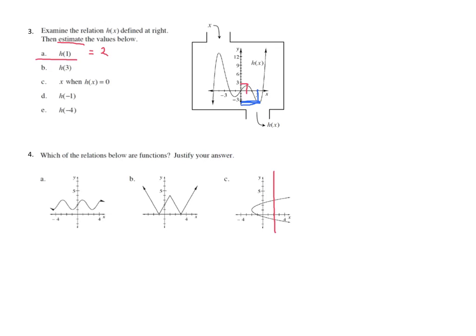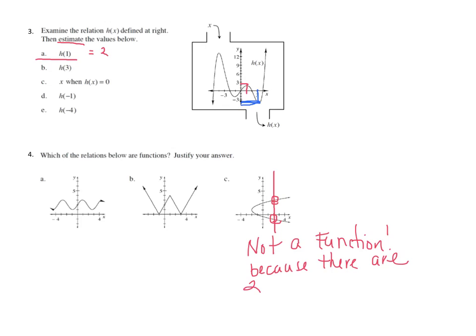I hit this function at x equals 2 here and here, which means I have 2 outputs for 1 input. It's not a function. And because there are 2 outputs for 1 input. Make sure you get an exclamation mark in that, it always helps.